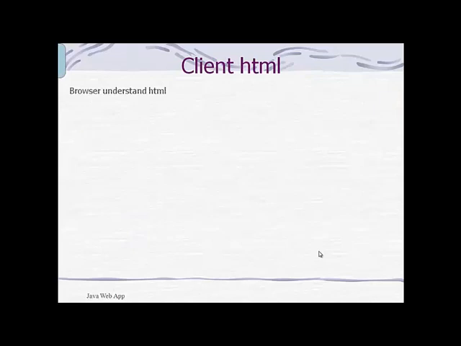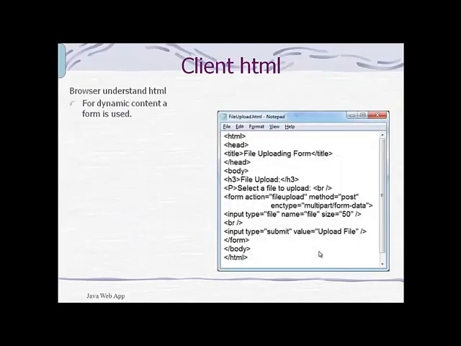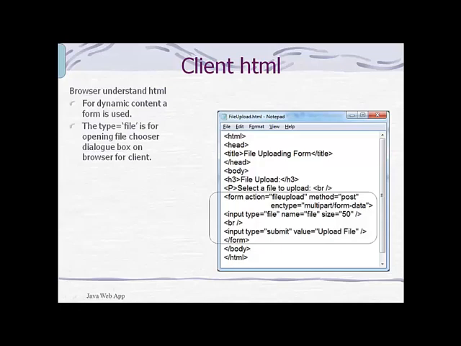Browser understands HTML. So for dynamic content, a form is used. Right? That's a form. Type is file, to open file chooser dialog box on browser. If you say type is equal to file, it will open a file opening dialog box.